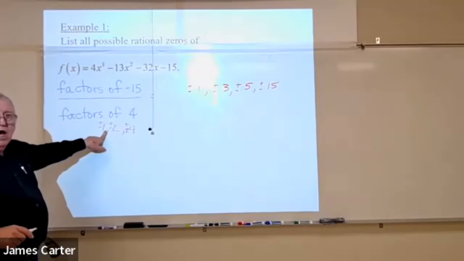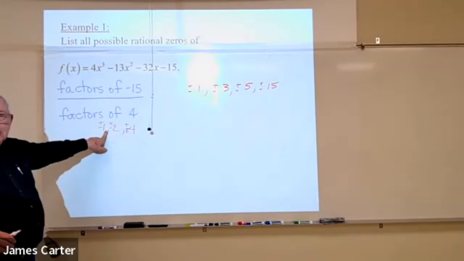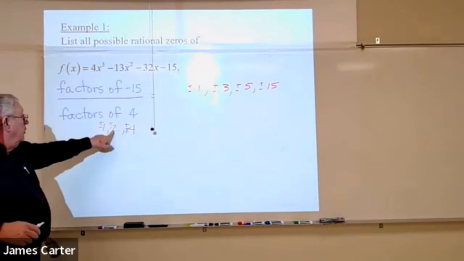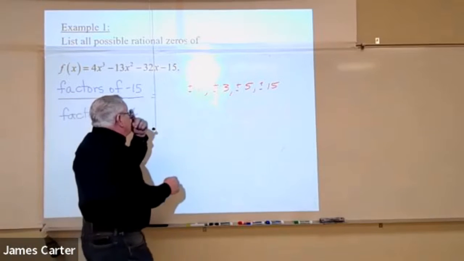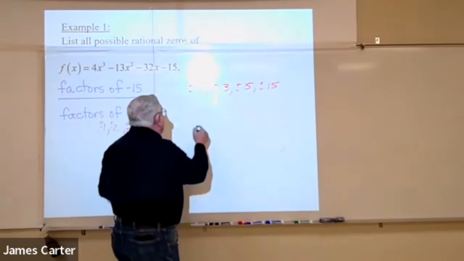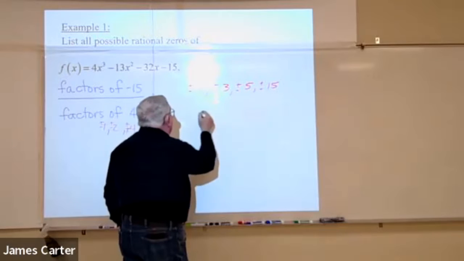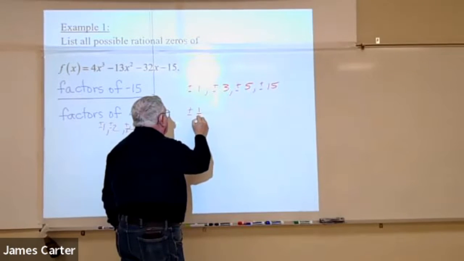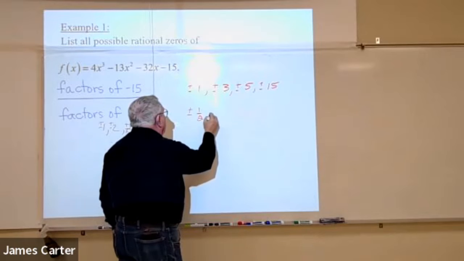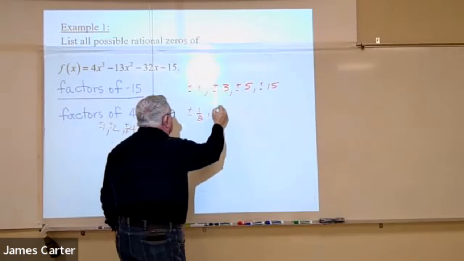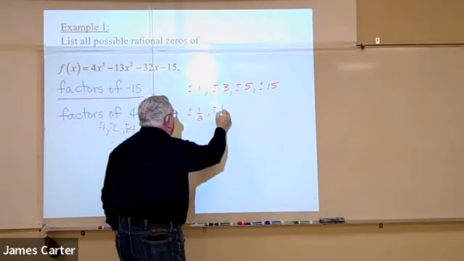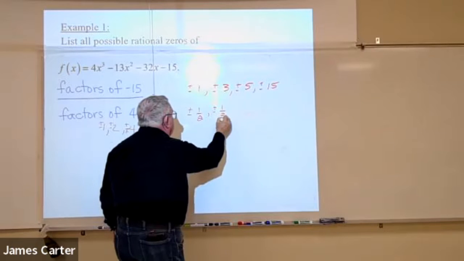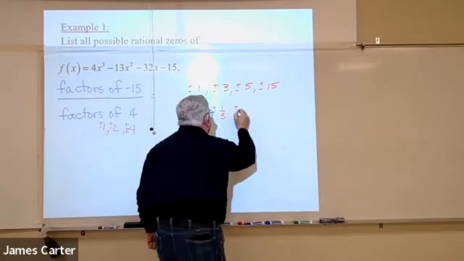The 1 is a non-player because it isn't going to change anything. But we do have to deal with this 2 and this 4. So in addition to those, we could also have plus or minus 1/2. We could have plus or minus 3/2.